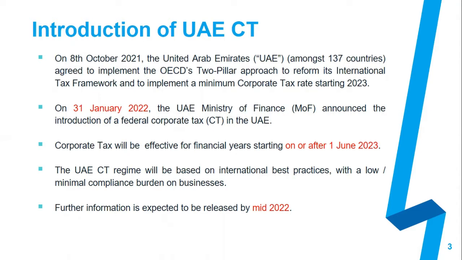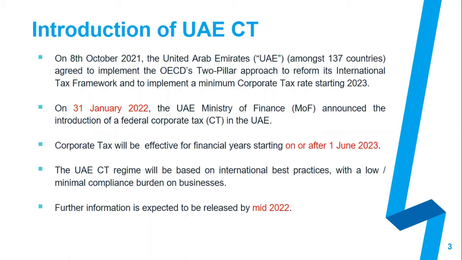If your year end is 31st December, it means up to 31st December 2023, no tax will be applicable on your entity. It will start on 1st January 2024. So what will be the tax treatment of the 7 months between 1st June 2023 and 31st December 2023?